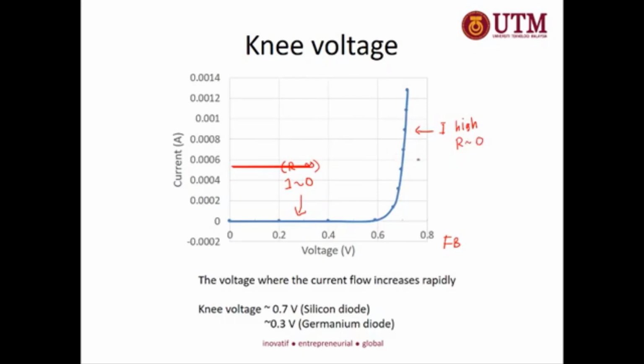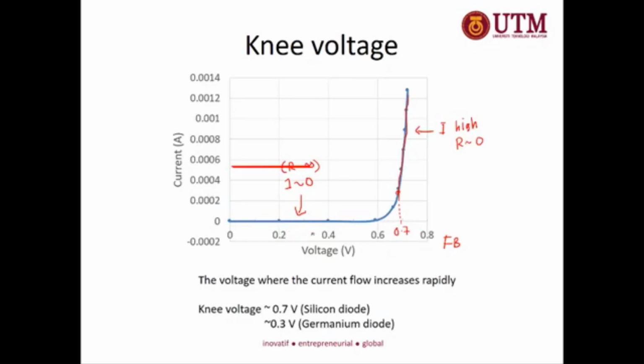The knee voltage is actually the transition point, the voltage where the current increases rapidly. It is the point of transition from the first region, where the current is very low, to the next region, where the current is very high and resistance is almost 0. So the knee voltage is around 0.7.